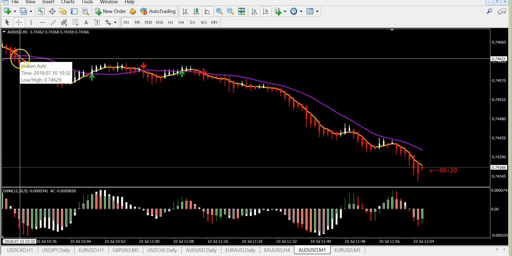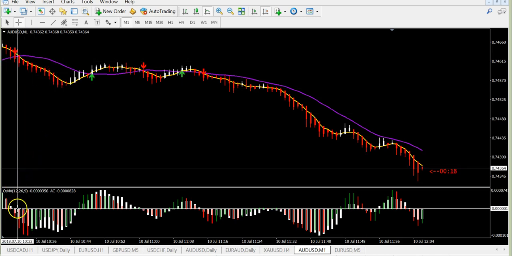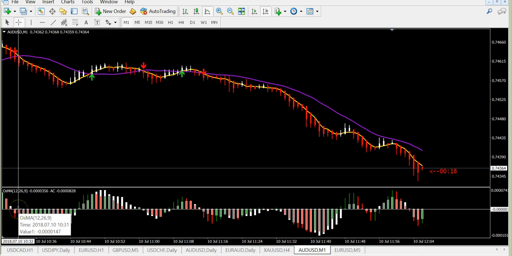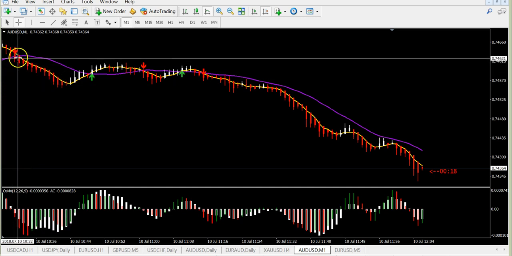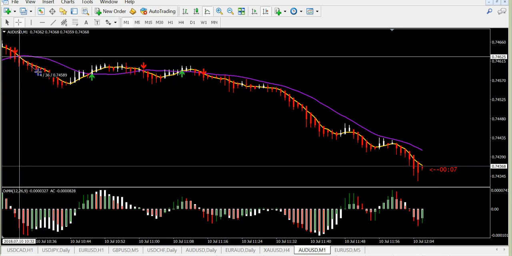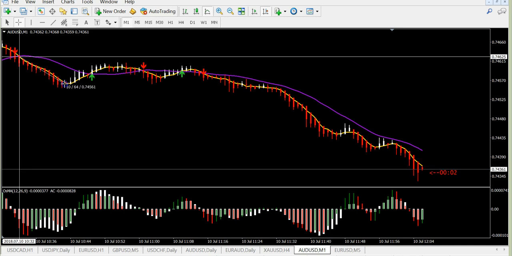If yes, like here, we check it must be under the zero here, and red. We take 5 minutes expiry for binary, maximum 10 minutes, 5 to 10 minutes.